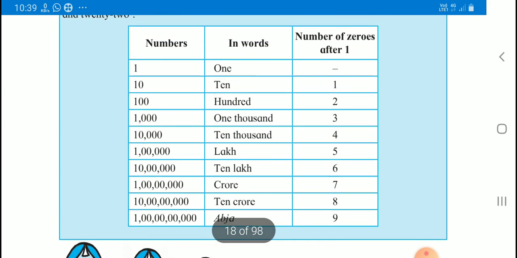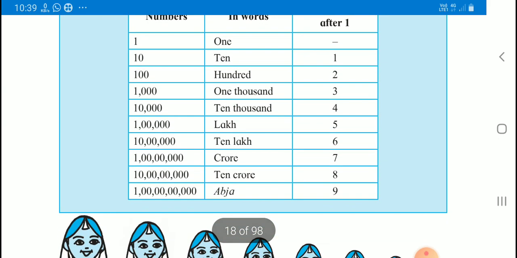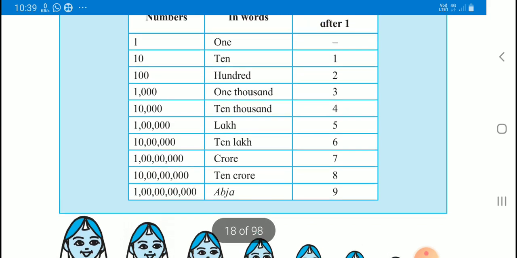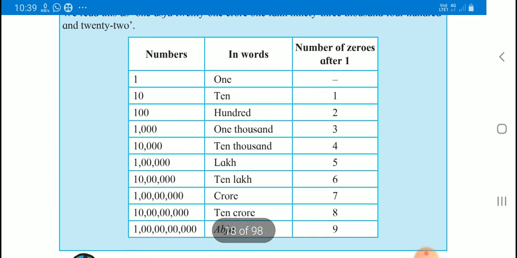Then 10,000. This is known as ten thousand. It contains 4 zeros. Then 1,00,000. That is lakh. A lakh contains 5 zeros. Then next to that is 10,00,000, which means 10 lakh. 10 lakh contains 6 zeros. Then 1,00,00,000. In words it is known as crore, and it contains 7 zeros.